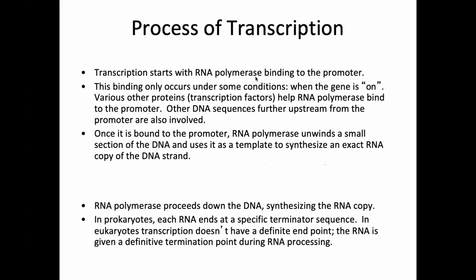And then lastly, you have to terminate the process or it'll continue indefinitely. So how do you stop it? At the back end of the gene, you have consensus sequences that serve as terminator sequences. They dissociate the RNA polymerase from the template strand of DNA to terminate the transcriptional event.